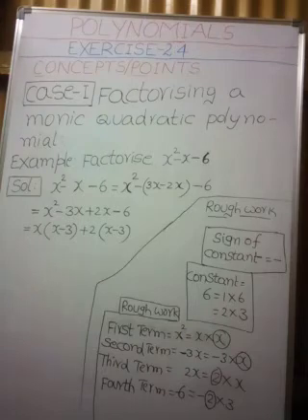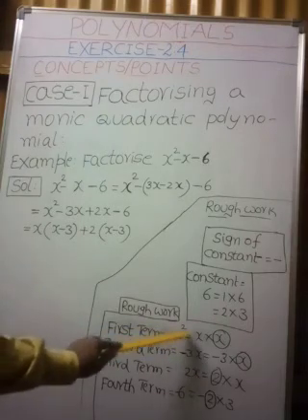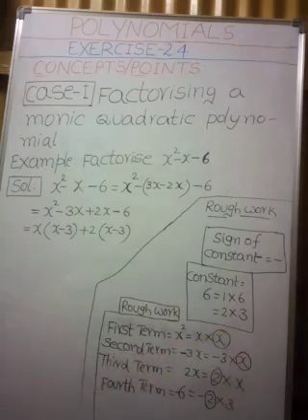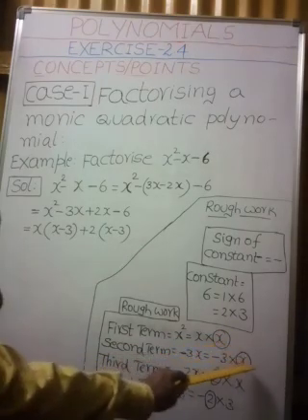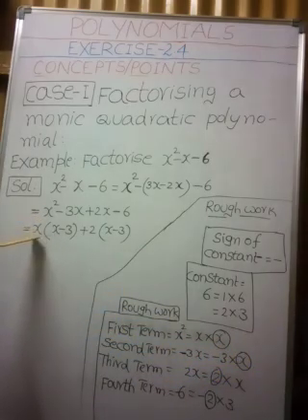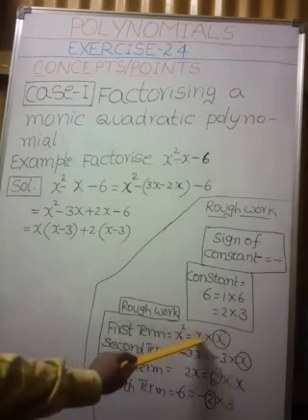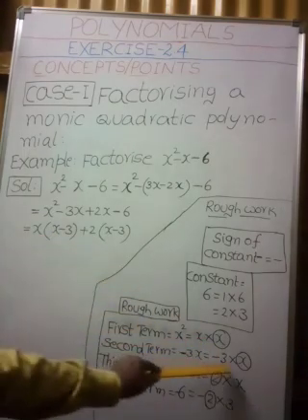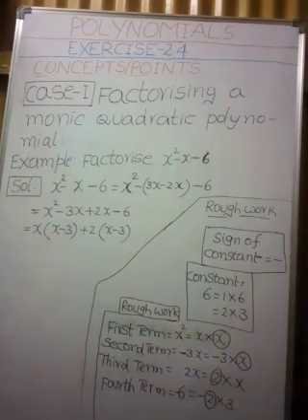Remember this one. Now, from the first two terms, if you observe, what is a common factor here? x. x is a common factor. We are taking this common factor out. x of, in the brackets, what are the terms left here? x minus 3. Understood this part, my dear children? Right.